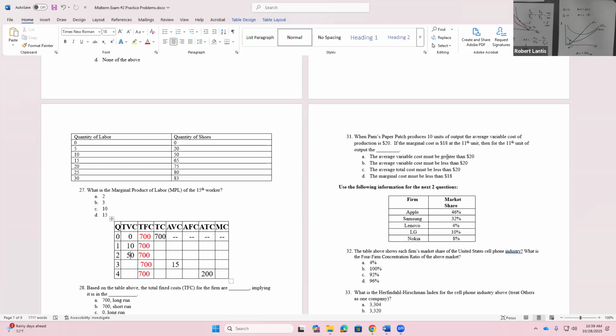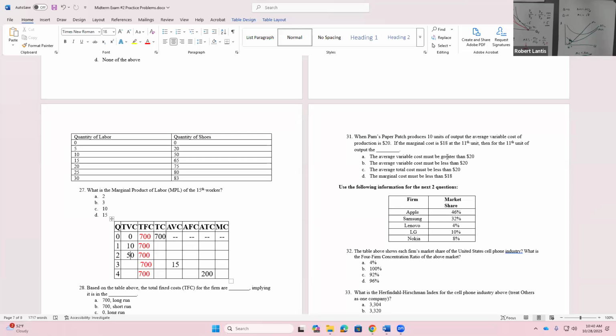You added a value below your old average, so your new average has to be lower, right? Or the average variable cost is decreasing. So we know because that marginal cost is below the old average, our new average variable cost must be less than 20, right? So average variable cost must be less than 20 is the answer there.